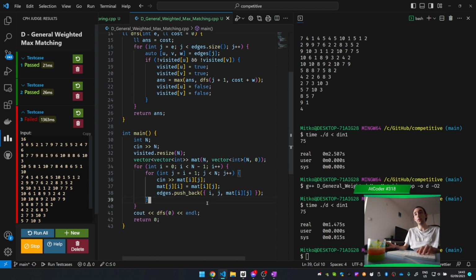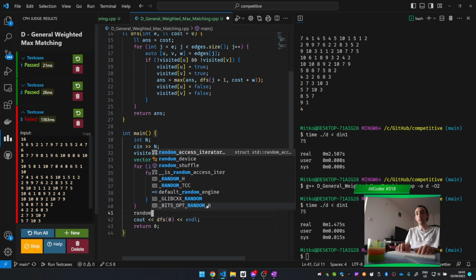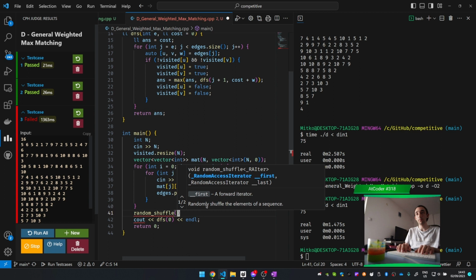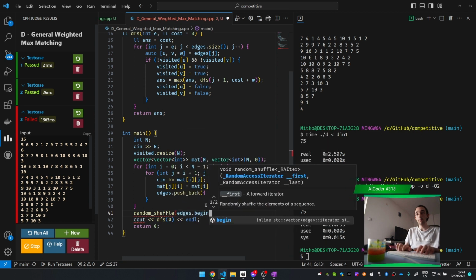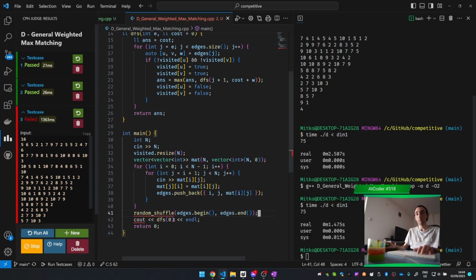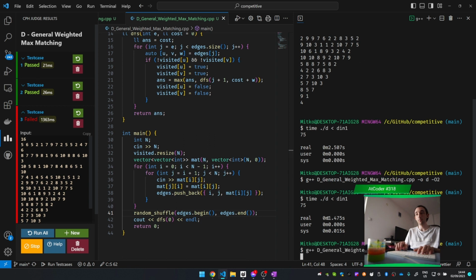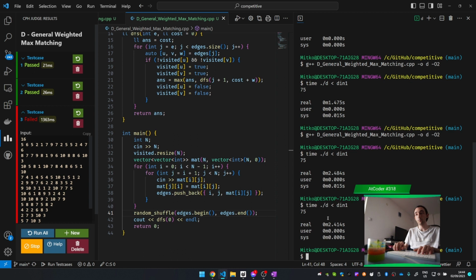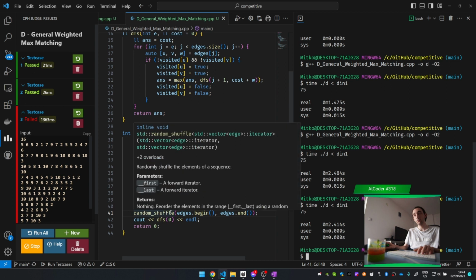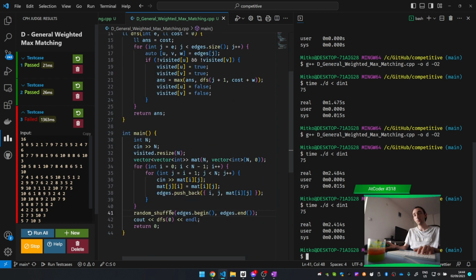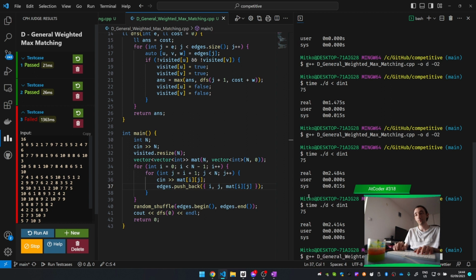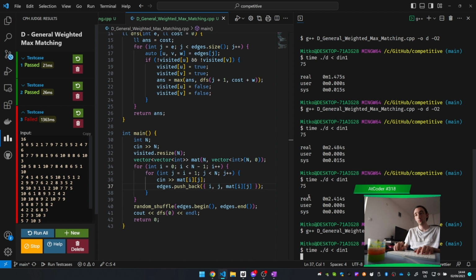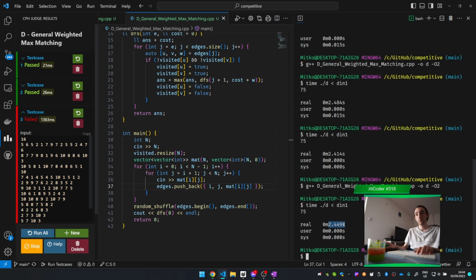I mean, random shuffling would do it better, right? Random shuffle. 2.5 seconds.